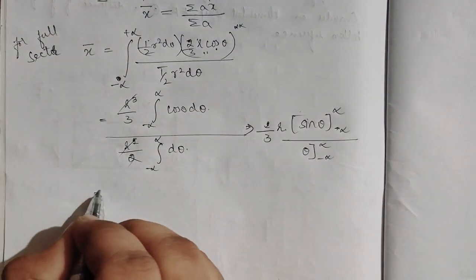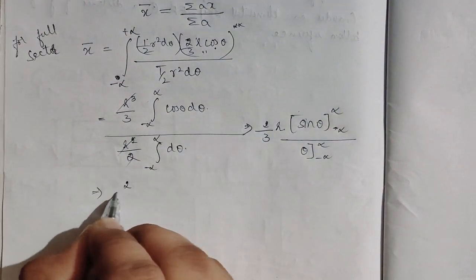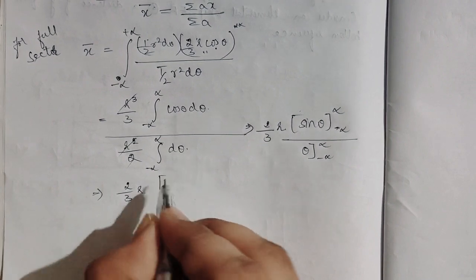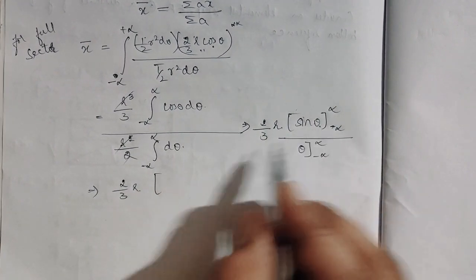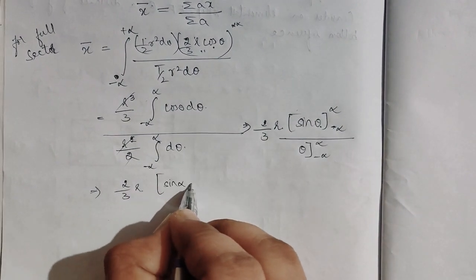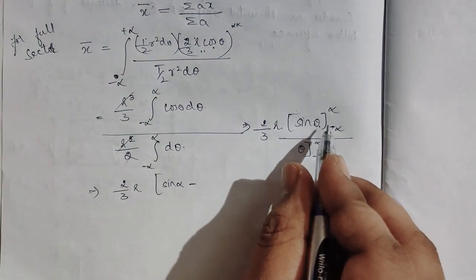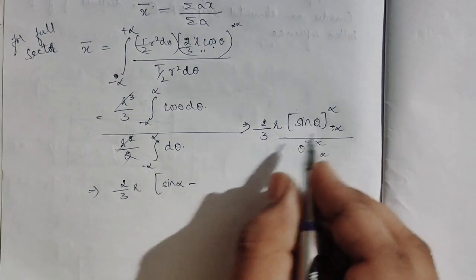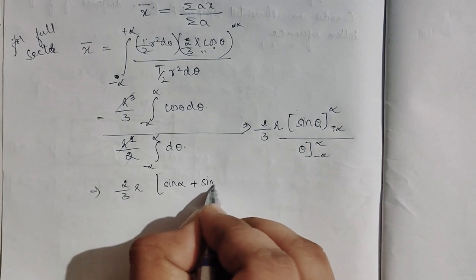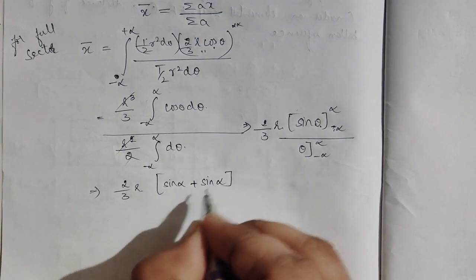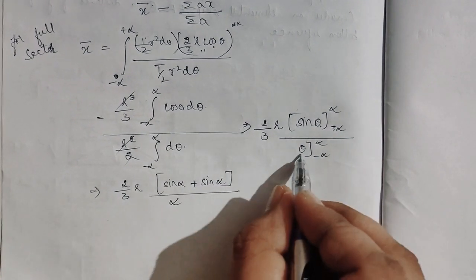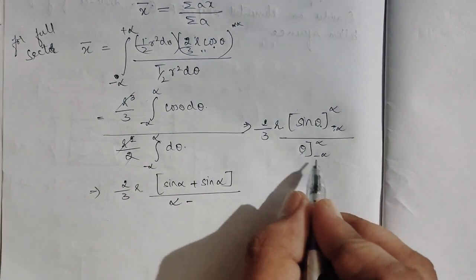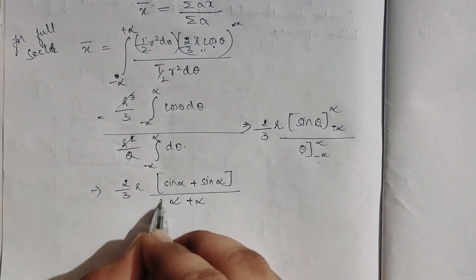Okay, now this only I will do, 2 by 3 r. So now for sin theta, first sin alpha minus sin of minus alpha, so minus of minus is plus, it will become sin alpha plus sin alpha, divided by alpha minus of minus alpha, that is alpha plus alpha.